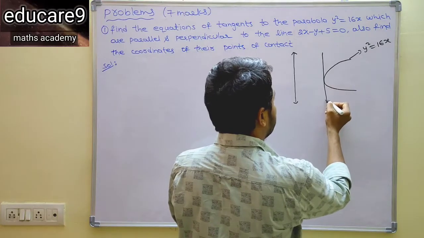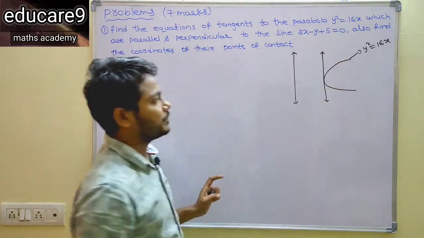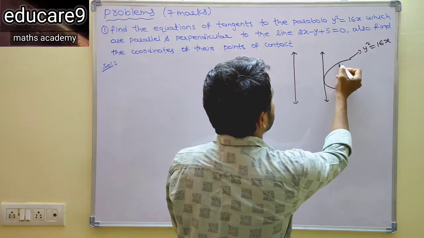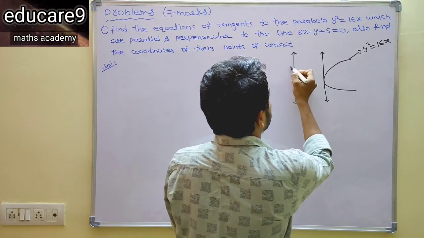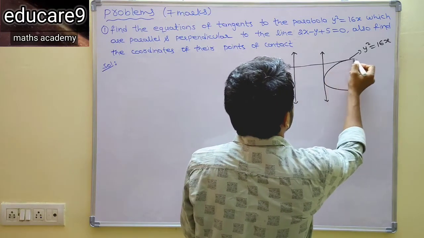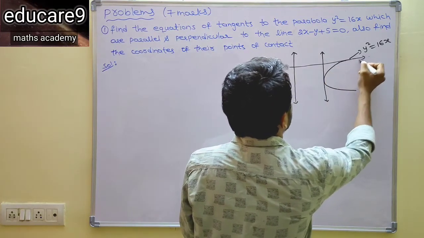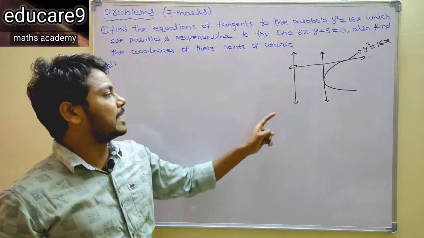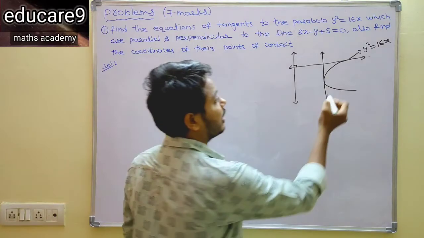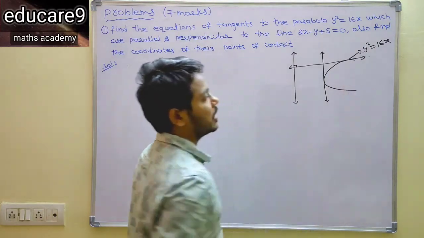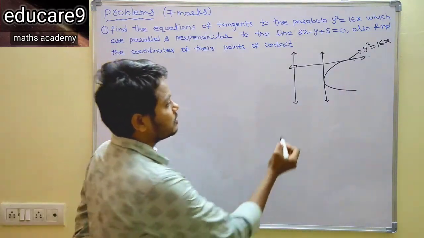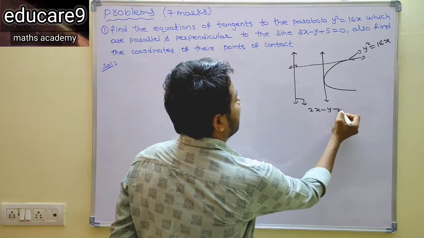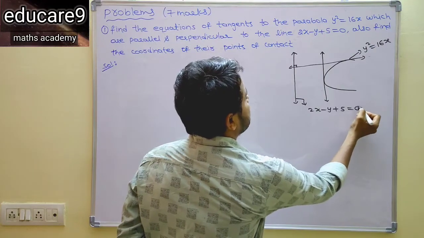This is one of the tangents, and this is the other tangent. One tangent is parallel and the other tangent is perpendicular. So the line equation is 2x minus y plus 5 equals 0.